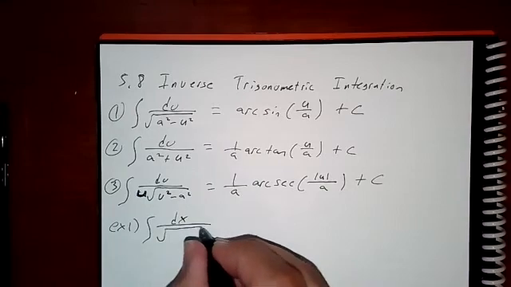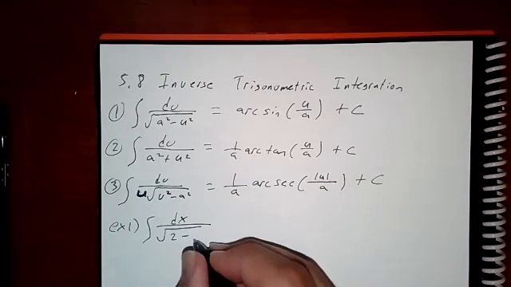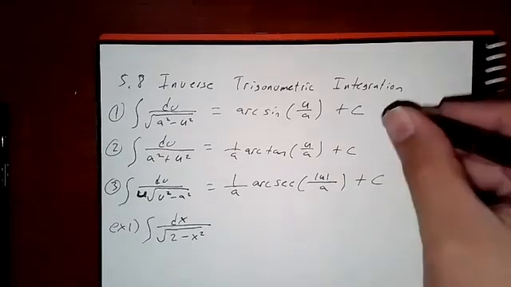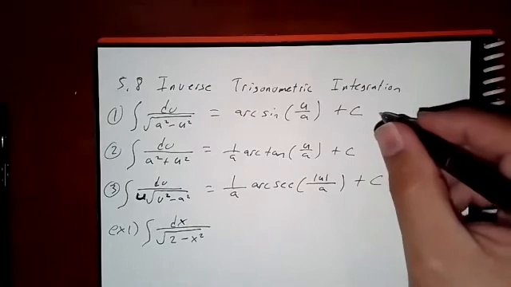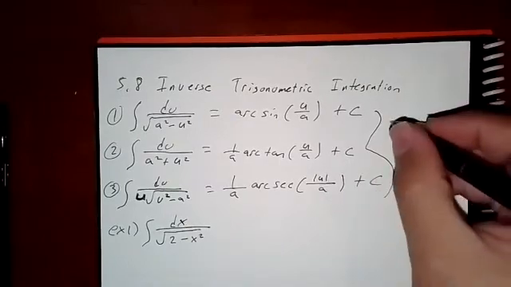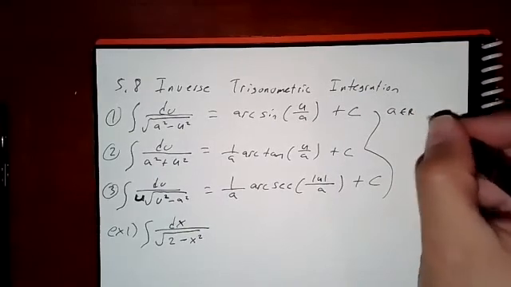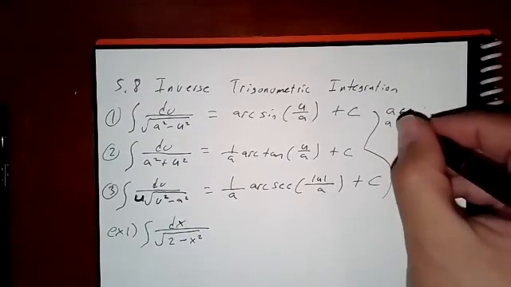So the square root of 2 minus x squared. When you look at this, which one does it look like? 1, 2, or 3? All right, so let me make a little note here for all these. A is a real number, and A is greater than 0.